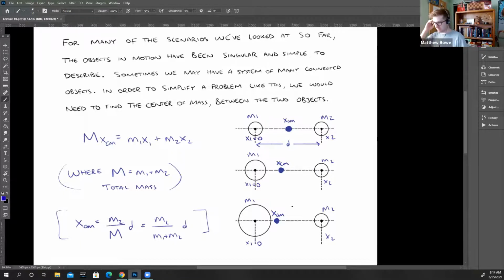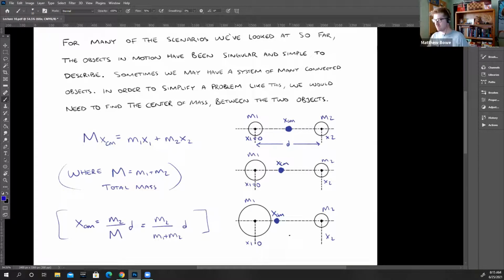This is actually what's happening with, say, the Earth and the Moon. The Earth is massive, it's huge compared to the Moon, but the Moon still has, I think, about a third the mass of the Earth.